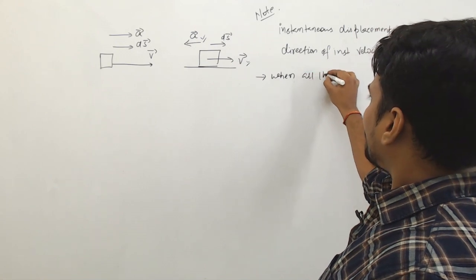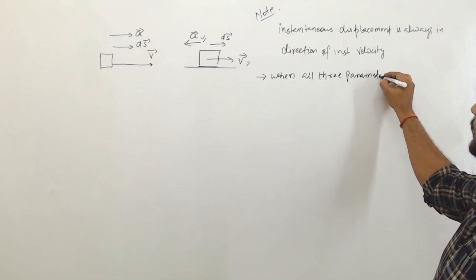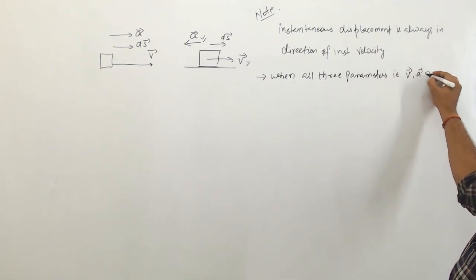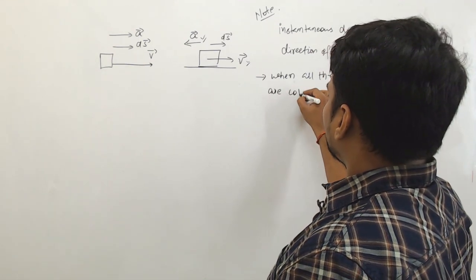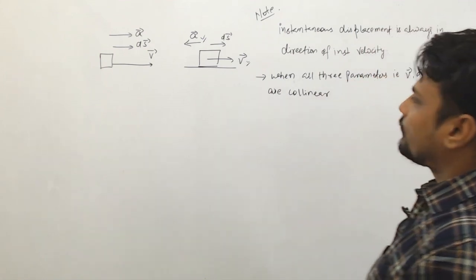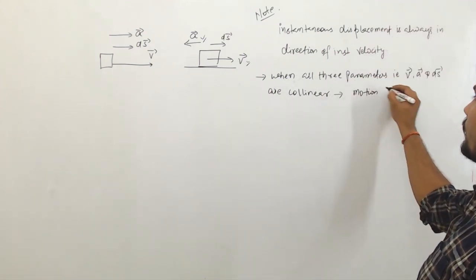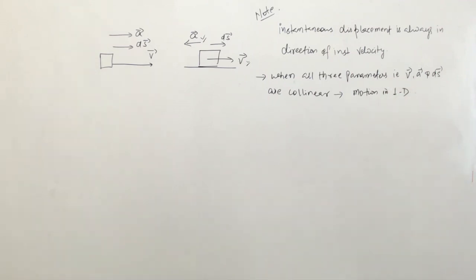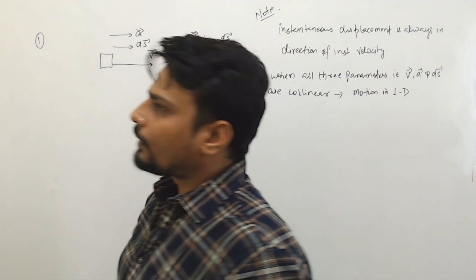So when all three parameters, that is V, A and ds are collinear, it's called motion in 1D. It's called motion in one dimension. I'm writing 1D to represent one dimension. No problem, right? So that is the motion in one dimension.